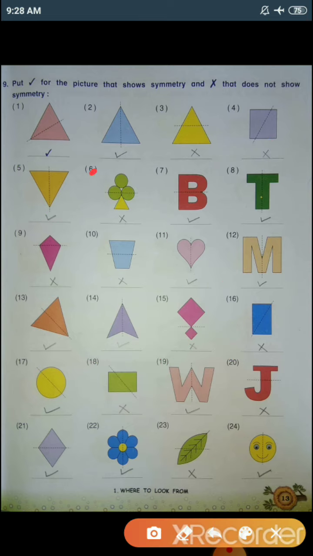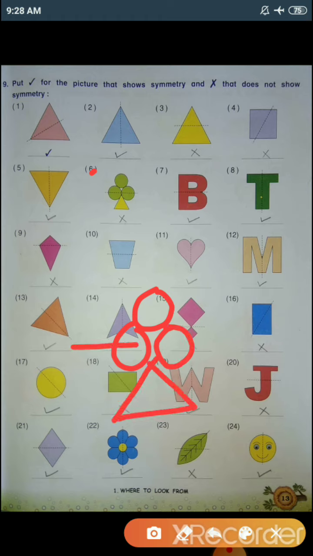Now number 6. You can see here one tree like shape, and the line divides this shape into two parts. The upper part is number 1, the lower part is number 2.